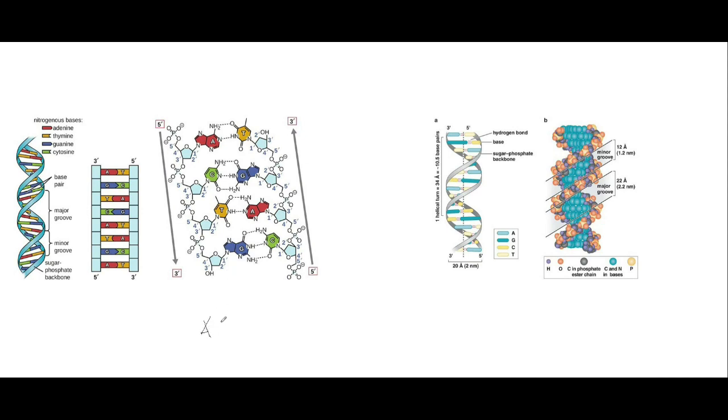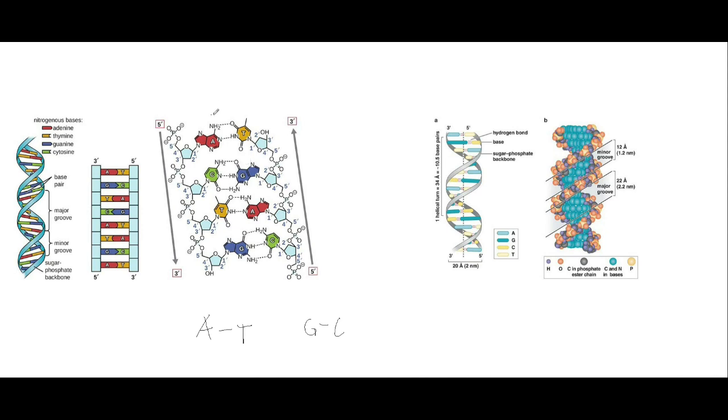We always have A pairing with T, so adenine and thymine, or in RNA it would be uracil, but RNA doesn't really form this double helix, and G always pairs with C. So we can see that up here. We have our A and our T, and we see that they come together with these hydrogen bonds. And then we have our G and our C, which come together with hydrogen bonds.